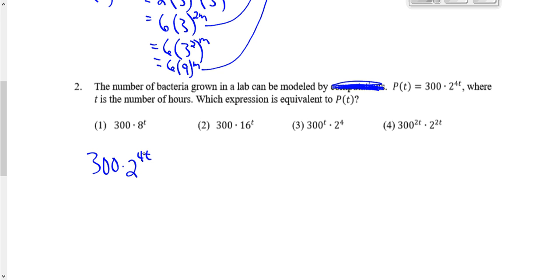Now, think about where you get multiplying exponents from, just like we did up above. We're going backwards with our exponent rules. Still have the 300. But what about that 2 to the 4t? Where does it come from? Power to a power. So rewrite that as a power to a power.